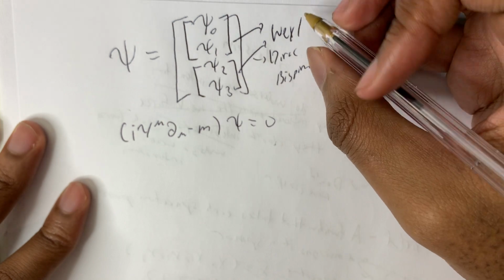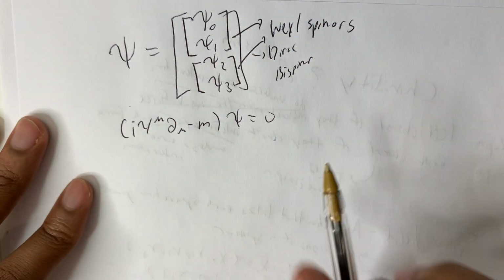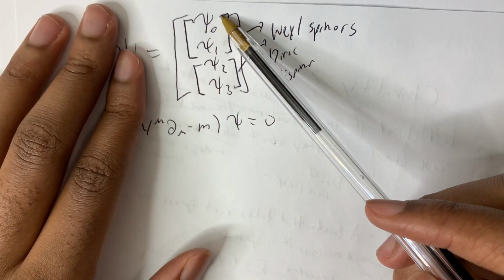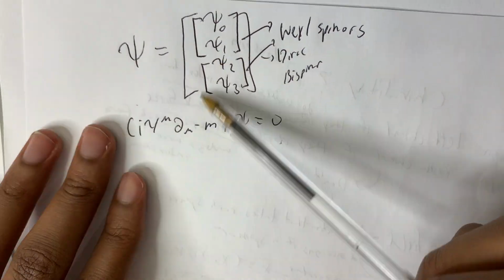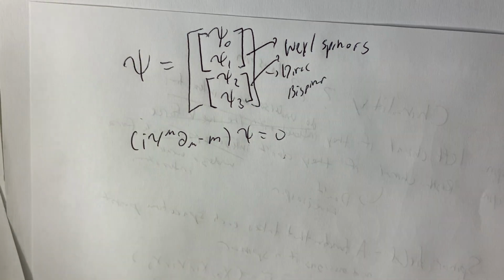Basically, the Dirac bispinor can be separated into two smaller columns stacked upon each other, and these smaller parts are called Weyl spinors.